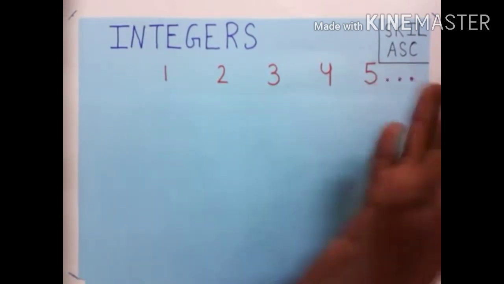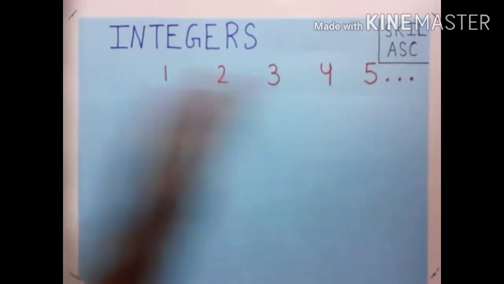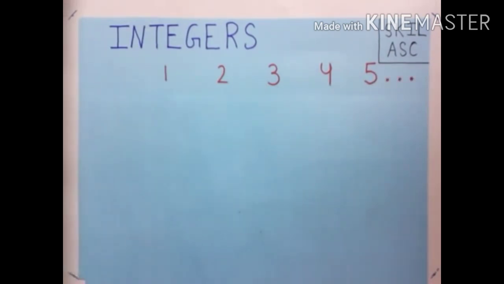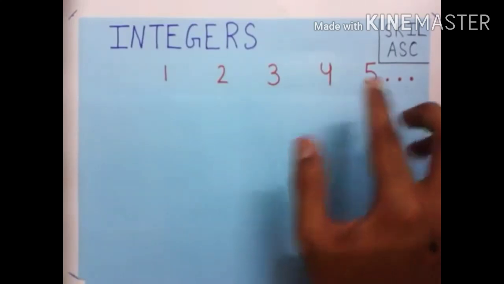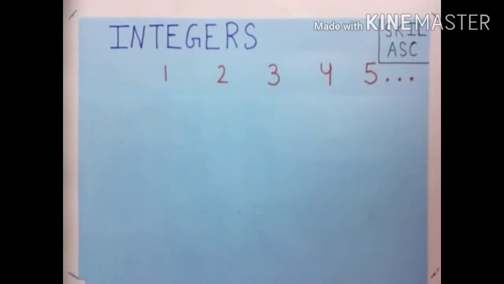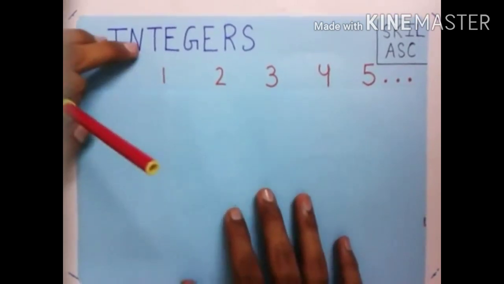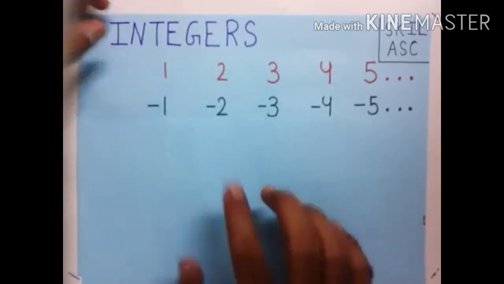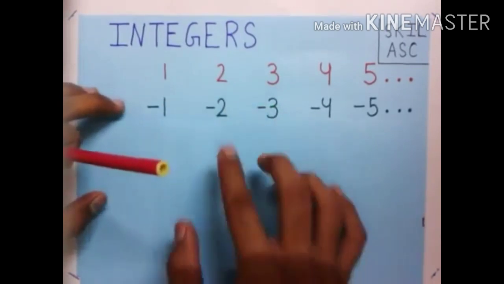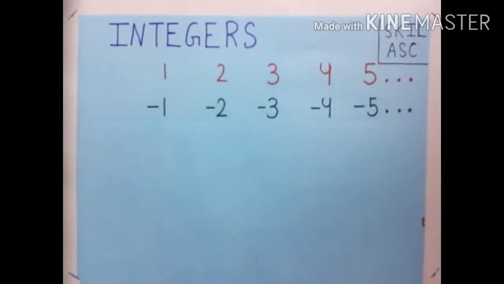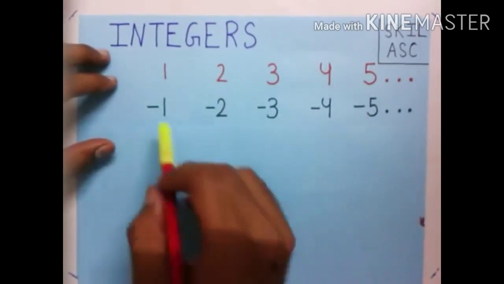So look around you. You will find so many things, and if you count them, you will use these numbers. So these numbers help us while counting in our daily life. Now the next thing I will do is put a negative sign to all these numbers, and I will get this list.